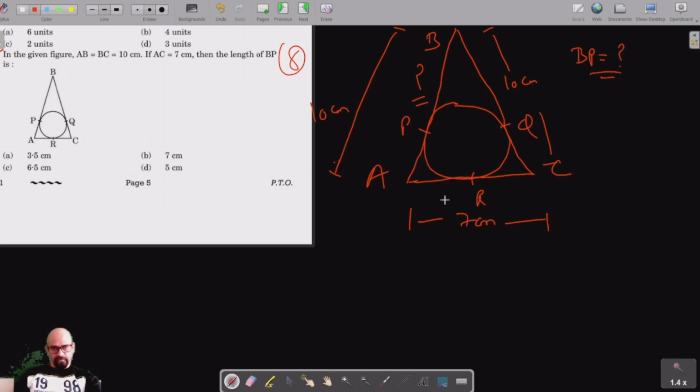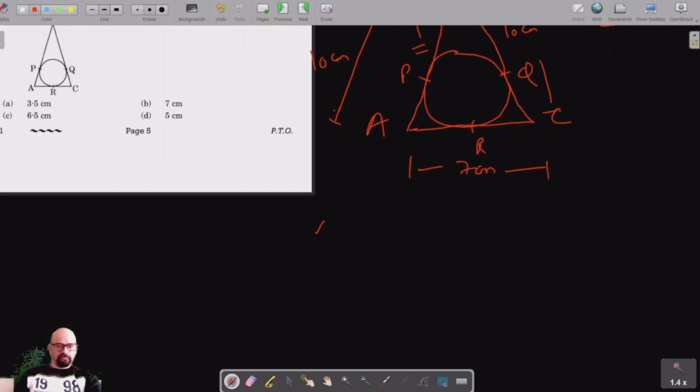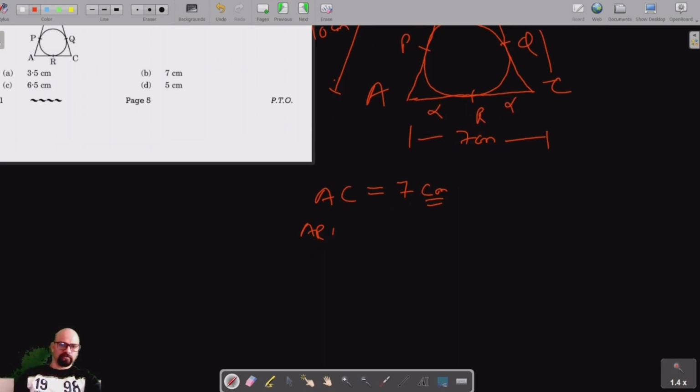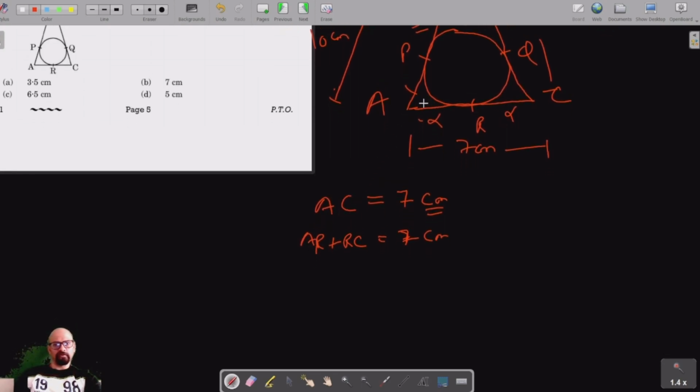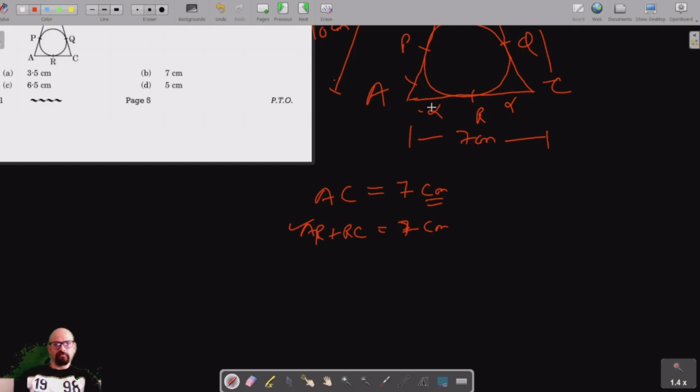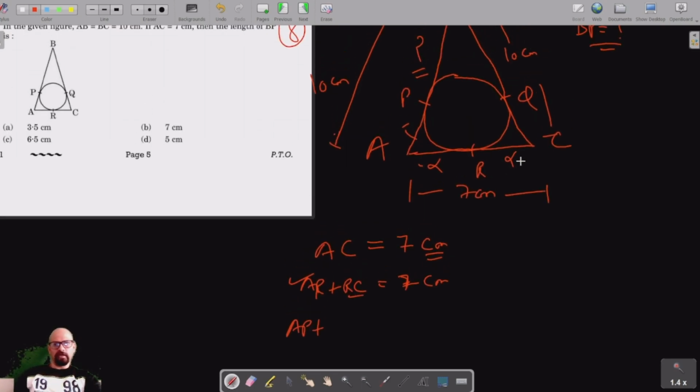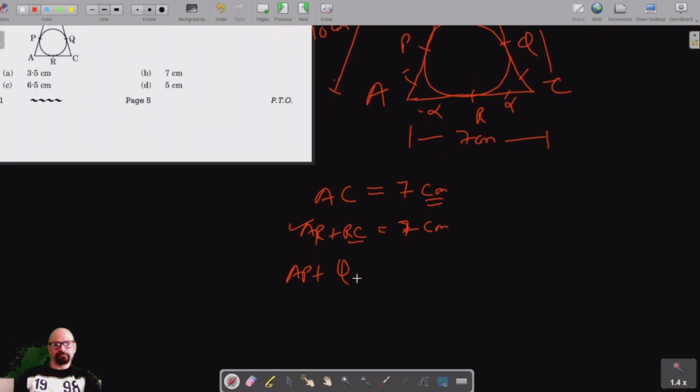Now it's given that AC is equal to 7 centimeter. AC is the sum of AR plus RC, and AR is equal to AP because the tangents drawn from an external point to a circle are equal. So instead of AR, I can write AP, and instead of RC, I can write QC.